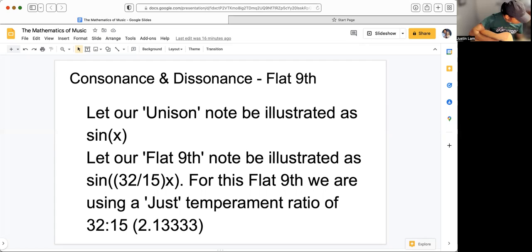And so now what I'm going to try is this flat ninth interval that includes my first G. But instead of this clean sounding octave above, this is a flat ninth interval. Kind of sounds, well, dissonant.